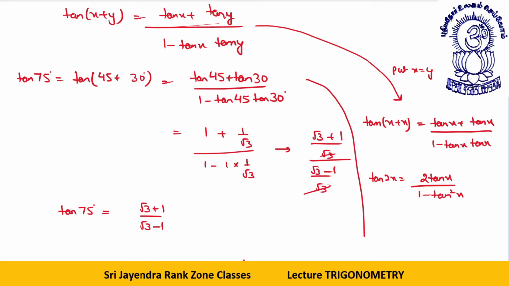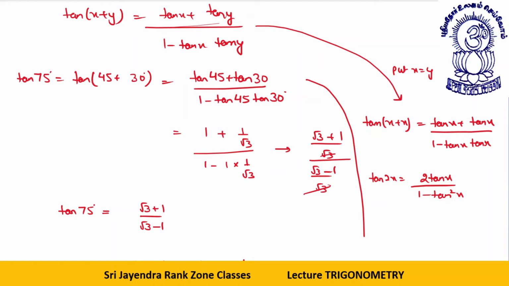This 2 is like 2 into 2. Then you have sin 20 cos 20. Here also you write a 2 and a 2 over here like this. Okay, dear students. I hope so far there aren't any doubts.